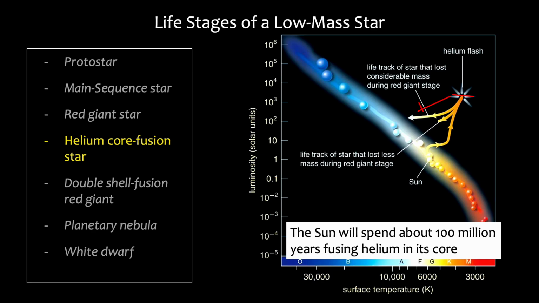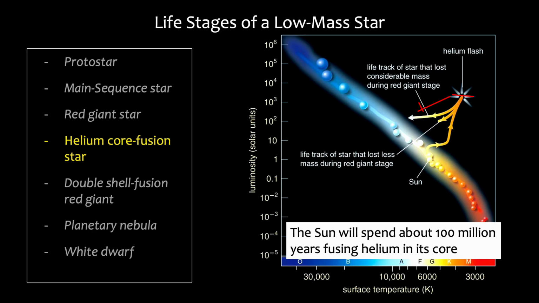Interestingly, the helium cores of all low mass stars fuse helium into carbon at about the same rate. Now, this is quite interesting. You would think that depending on mass, it would be a different rate. But this is a detail in the physics that we're not going to go into. But that's the case, and therefore these stars have similar luminosity.